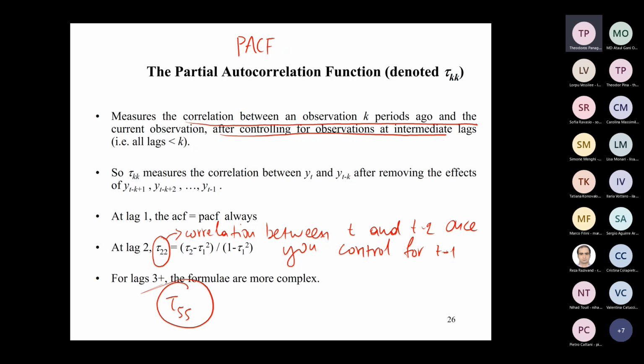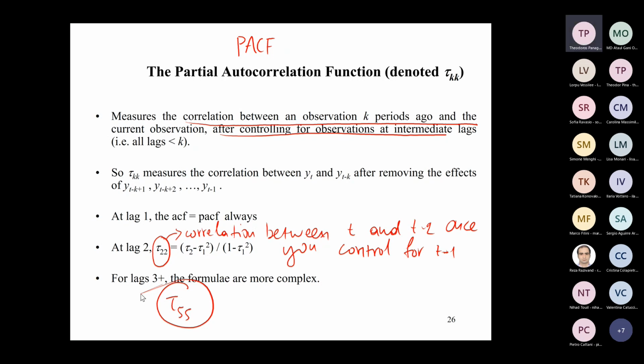I want to test the correlation between today, Wednesday, and last Wednesday, 5 days ago, once I have removed the effect of all the intermediate days: Tuesday, which is yesterday, Monday, Friday, Thursday.